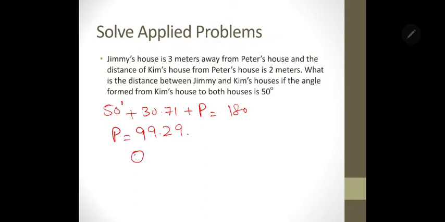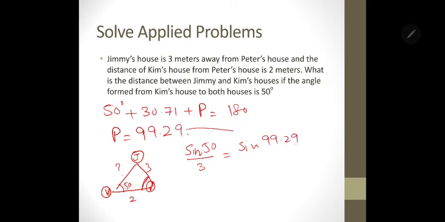Now it's easier to find out the distance between Jimmy and Kim's house. If you remember, this was Jimmy's house, this was Kim's house, this was Peter's house, and this was 3 and this was 2. This is what we have to find out. Now since we already know that this is 99.29, sine of this angle, which was already given to us, 50, so sine of 50 divided by 3 equals sine of 99.29 divided by the side which is unknown to us.